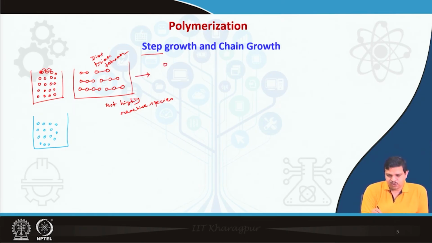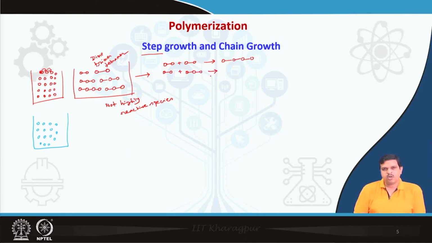This dimer can react with another dimer, and you will get basically a tetramer. Now this dimer can react with another trimer, and then you will get basically a pentamer.